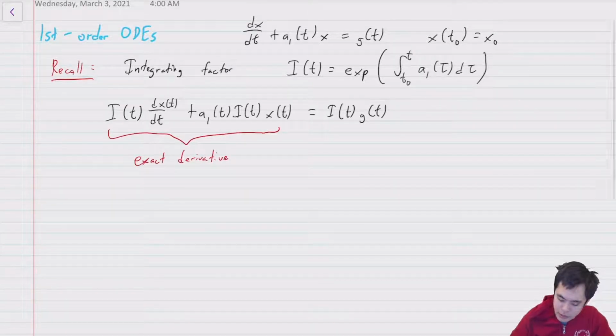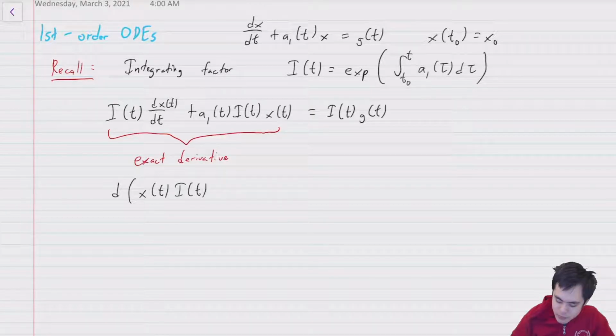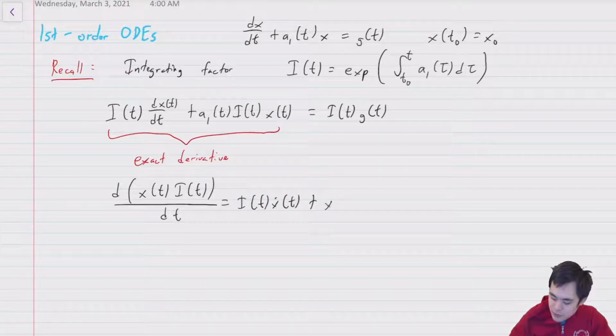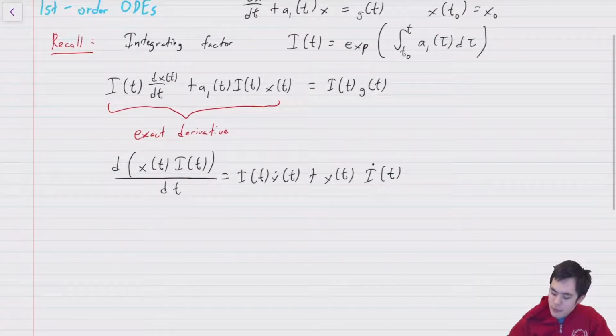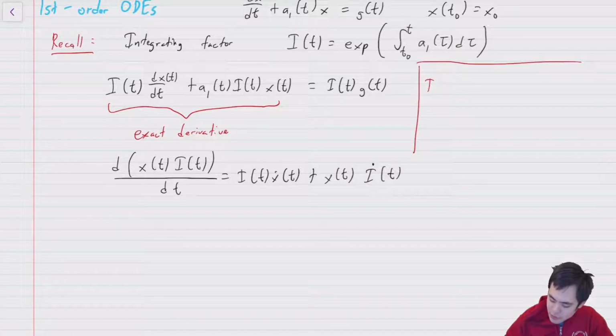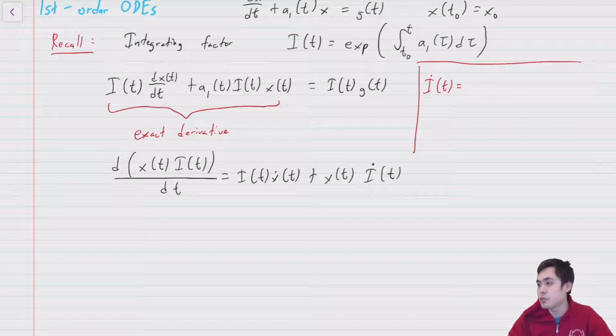By which I mean that d/dt of x(t) I(t) is equal to I(t) x dot(t) by the product rule, plus x(t) I dot(t). Well, what is I dot(t)? We know that the derivative of an exponential gives the exponential back again, so I dot(t) equals I(t) times the derivative of the inside.